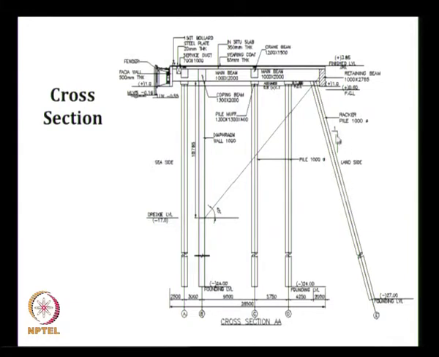A raker pile is normally designated by two numbers, 1 horizontal to 3 vertical. We can make it steeper than this, but flatter than this construction will be difficult. So we can have 1 horizontal to 3 vertical to 1 horizontal to 6 vertical.